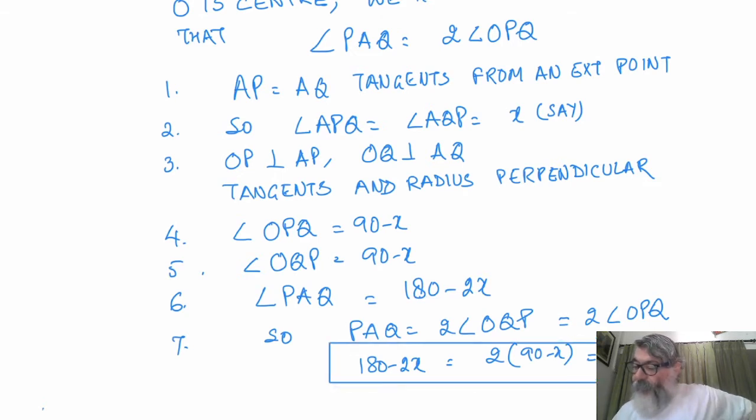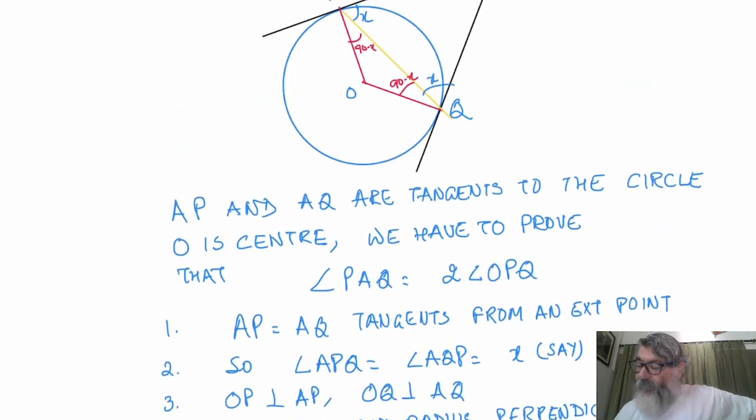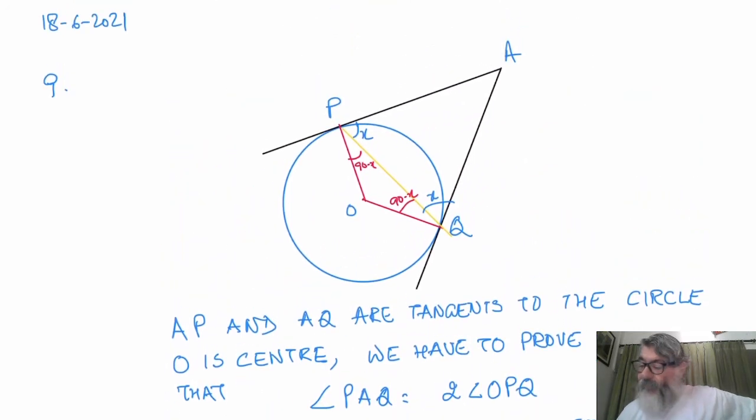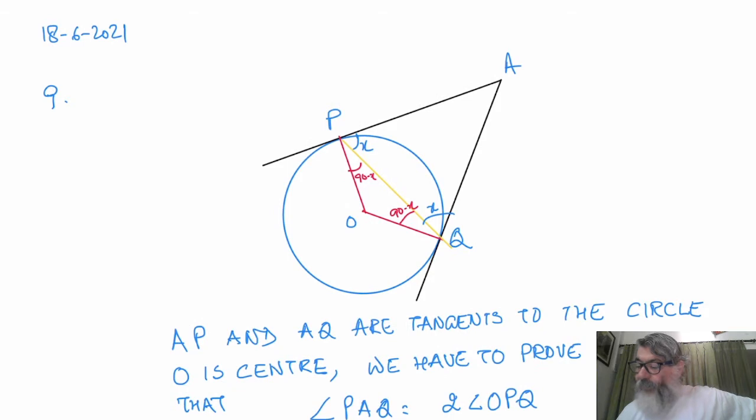So we are using the property that the length of tangents is the same. If the length of tangent is the same, then in triangle APQ, AP is equal to AQ. Then it becomes an isosceles triangle, and base angles of an isosceles triangle are equal.